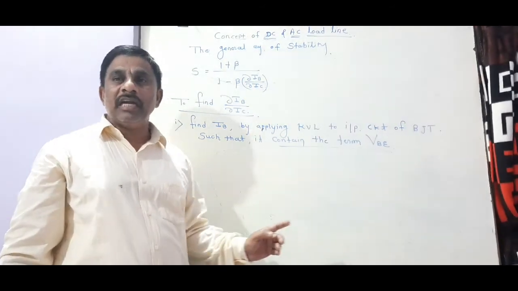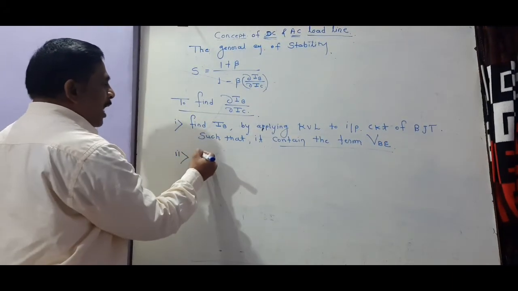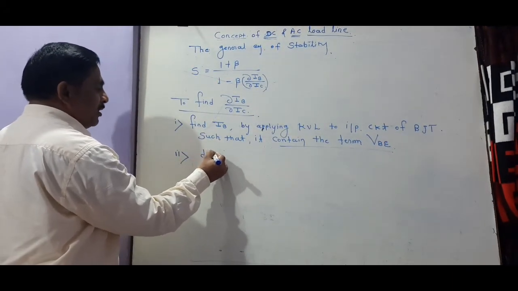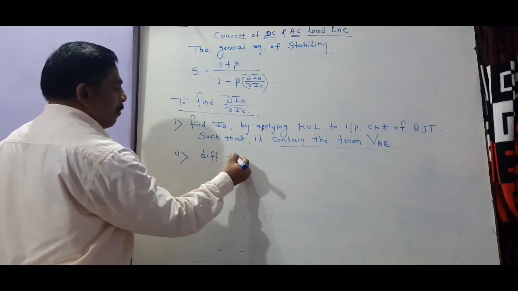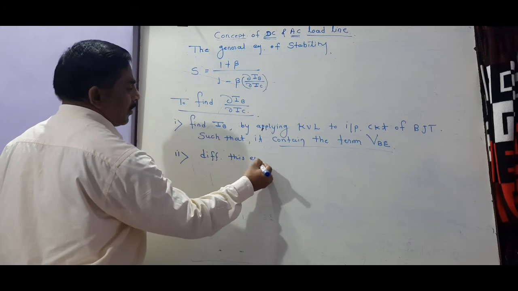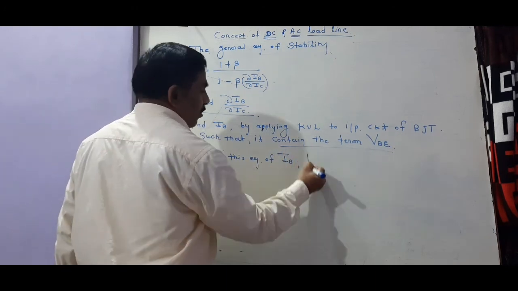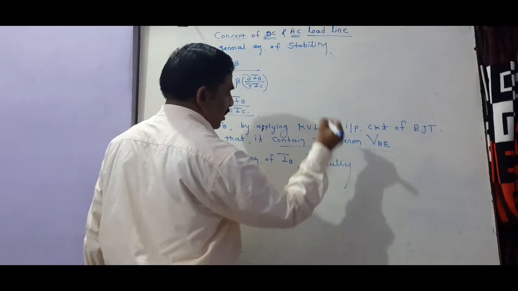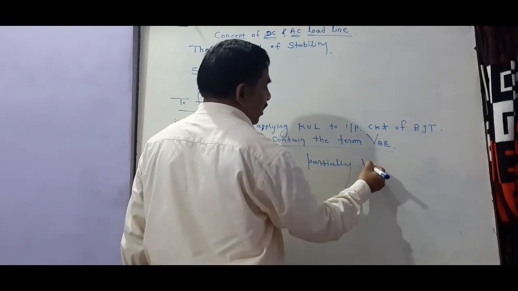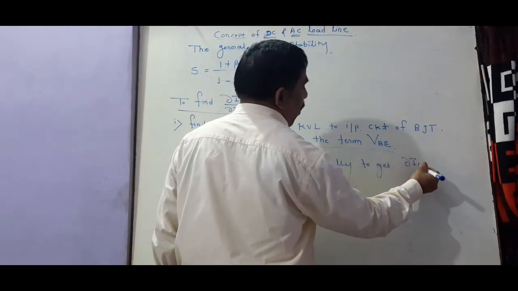Second, differentiate this equation of IB partially to get delta IB upon delta IC.